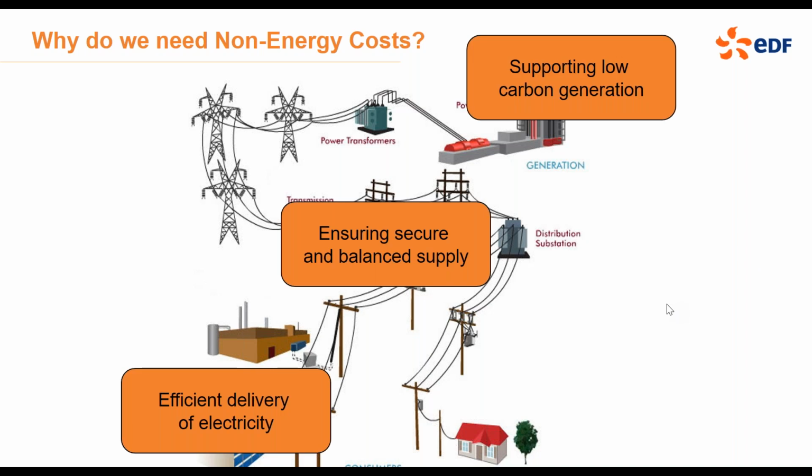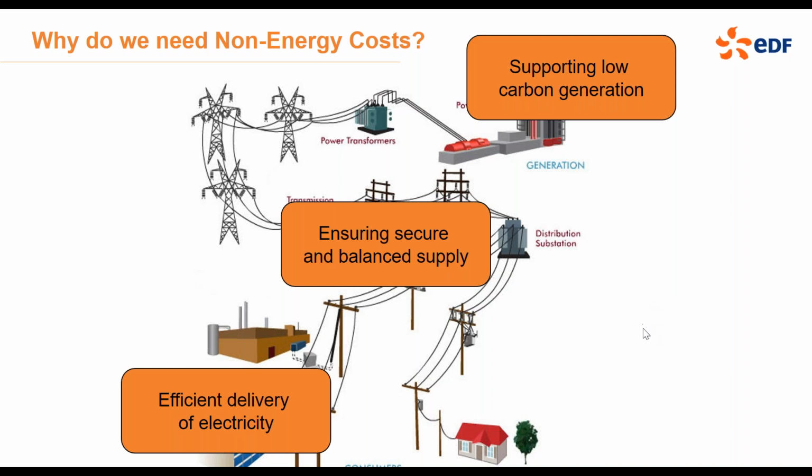articulate that principally non-energy costs are in line to do three things. Firstly, supporting low carbon generation. There are a number of incentives which help improve the source of our generation to move away from fossil fuels and to a lower carbon, not renewable only, lower carbon future.